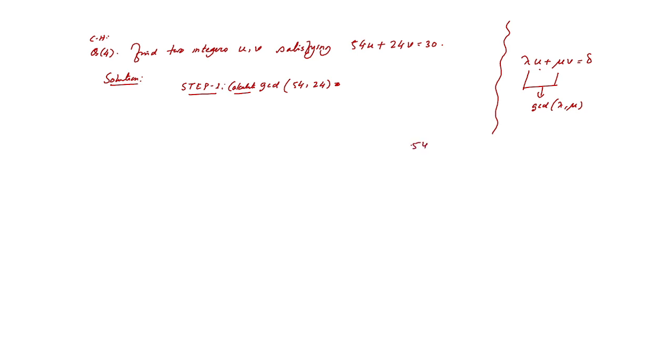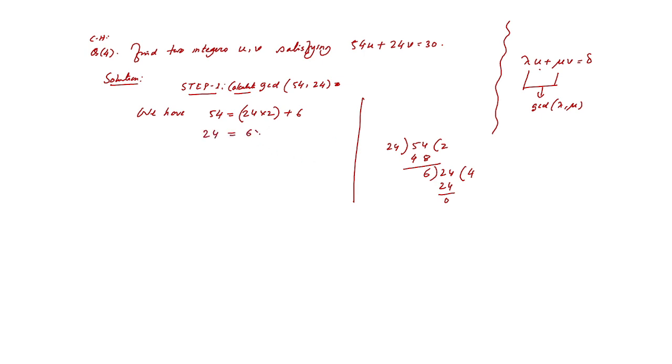So what should be the procedure? 54, 24. So this should be your rough work. So that will be 2, 48 and then 6, 24. So here the remainder is 0. So what we will write? In that case we have 54 equals 24 multiplied by 2 plus 6, and 24 equals 6 multiplied by 4 plus 0.